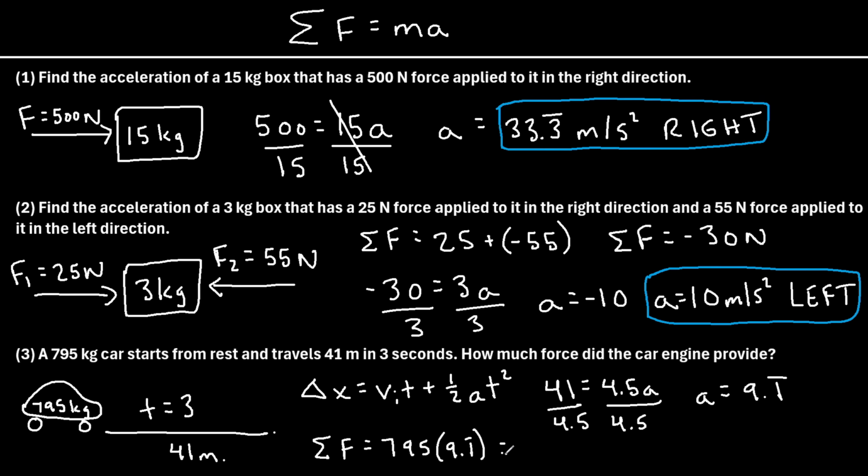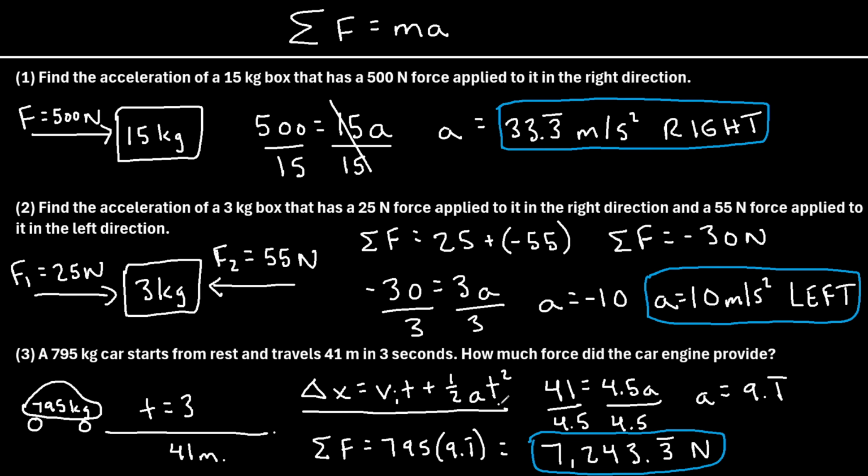So 795 times 9.1 repeating, that comes out to about 7,243.3 repeating. And we're talking about force here, so that will be newtons, our units. So that was an example of how you can solve for the net force of an object. We just needed to know this key kinematic equation to actually figure out what the acceleration of the object was. So those were just 3 quick examples of how to use Newton's second law of motion.